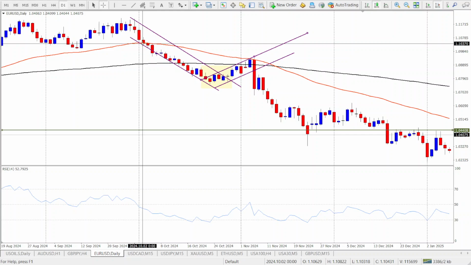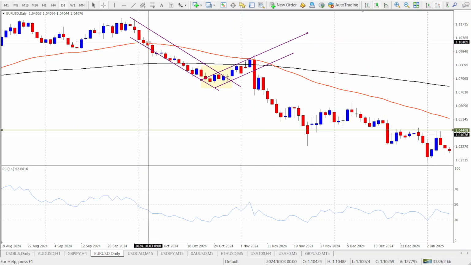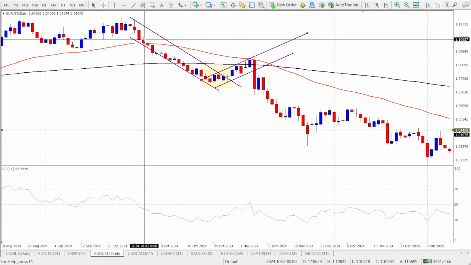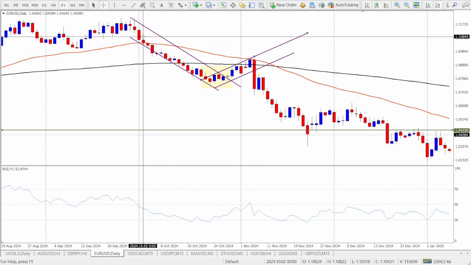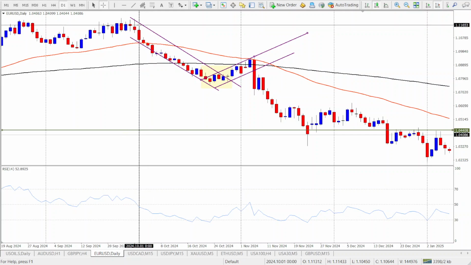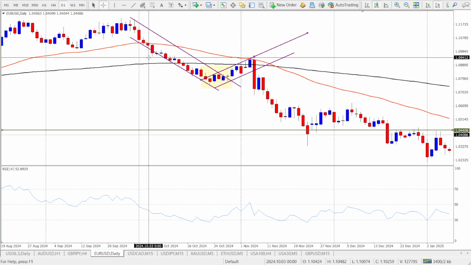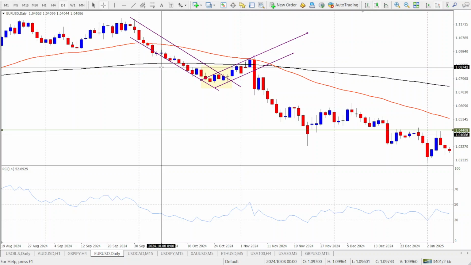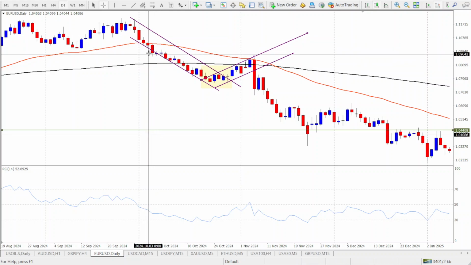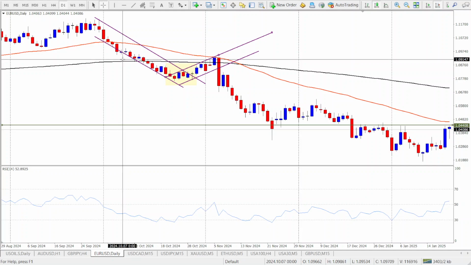This was October 2024. So at the start of October 2024, we had a breakout to the downside. The moving average confirmed that, and we had the start of a downtrend.